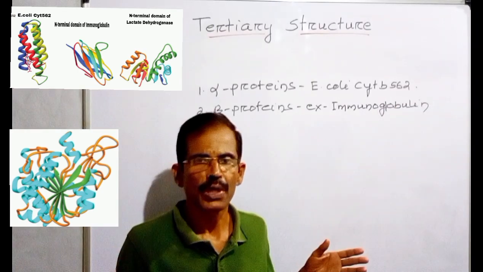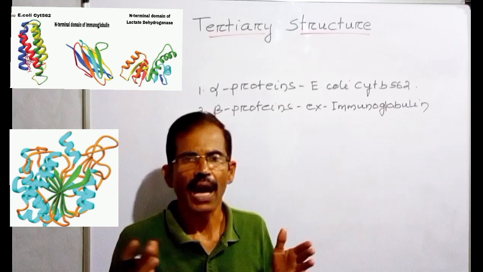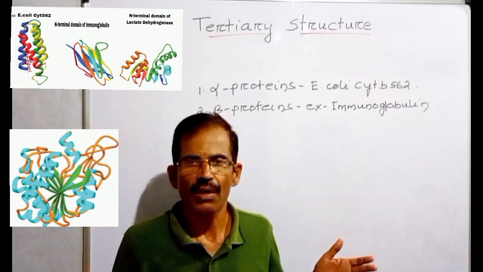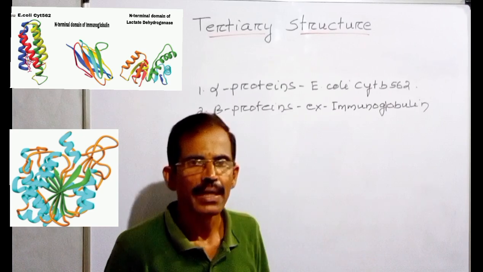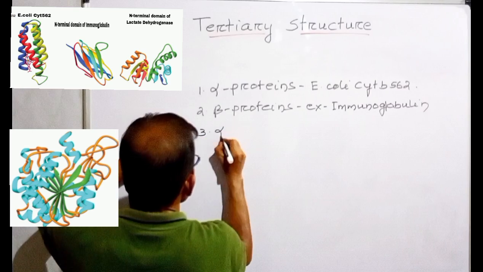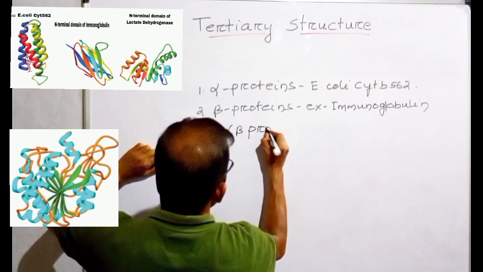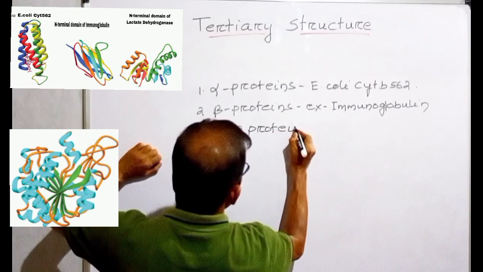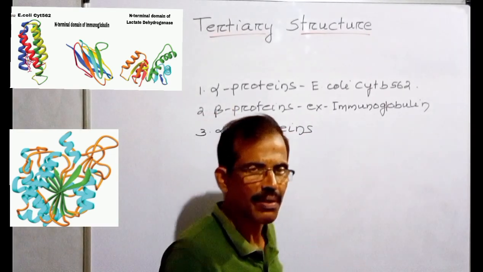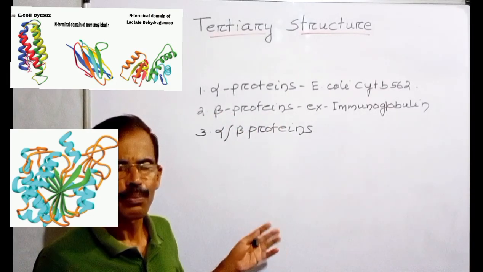However, most proteins including lactate dehydrogenase and carboxypeptidase A consist of a mixture of alpha helices and beta pleated sheets. Such proteins are called alpha-beta proteins.